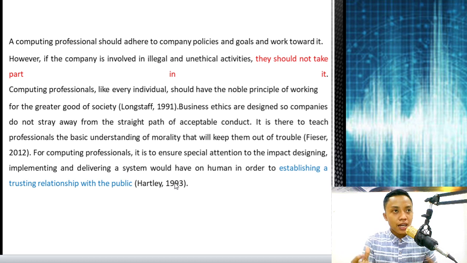Kaya nga po, kung ang ating company, ang ating pinagtatrabahuan ay they are doing unethical, may ginagawa silang mali, kinakailangan we should not take part in it. Because we are professionals. We know kung ano yung makakabuti. We should always gawin po natin yung bagay na ethical, professional ethics. Hindi po yung gagawa tayo ng bagay na hindi naman makakabuti.